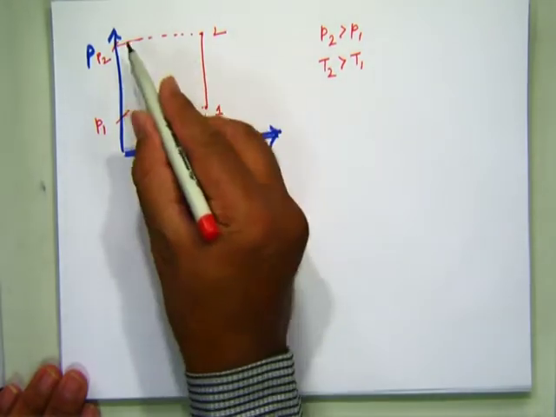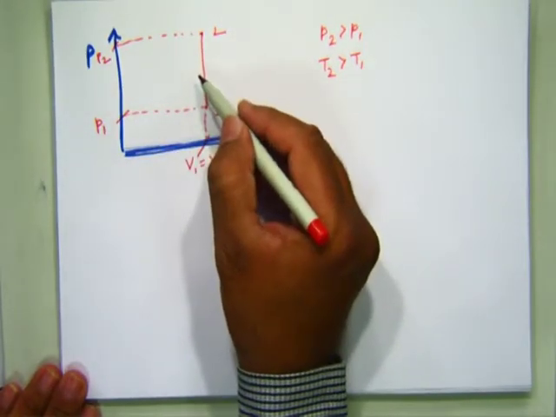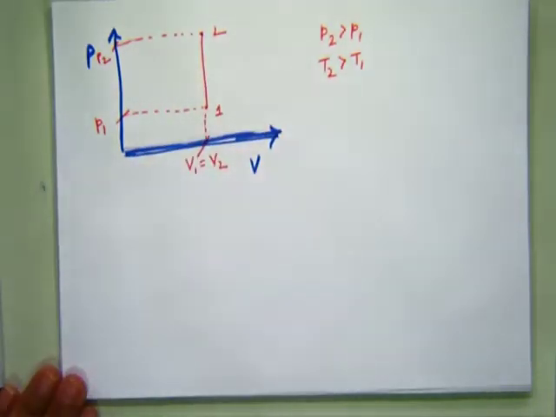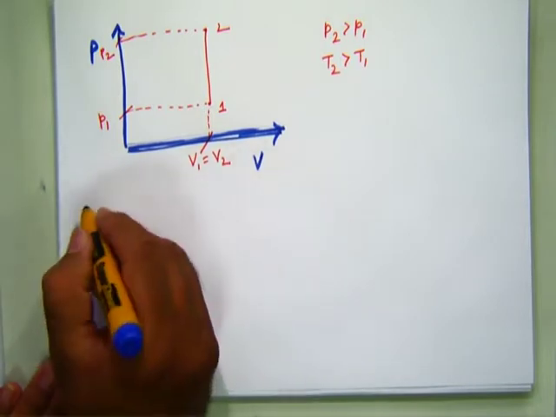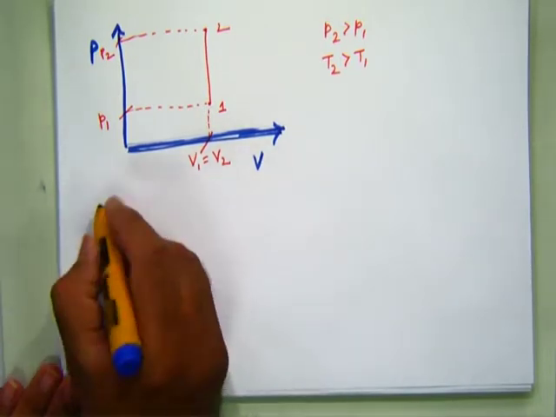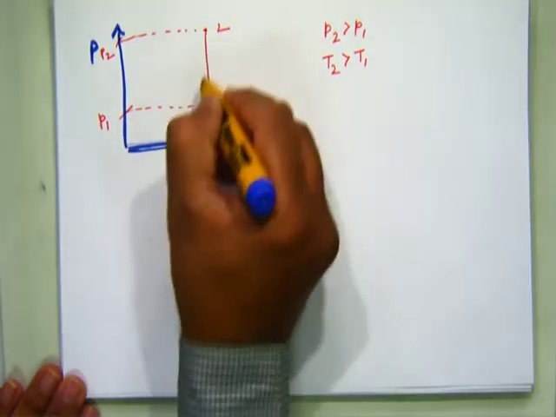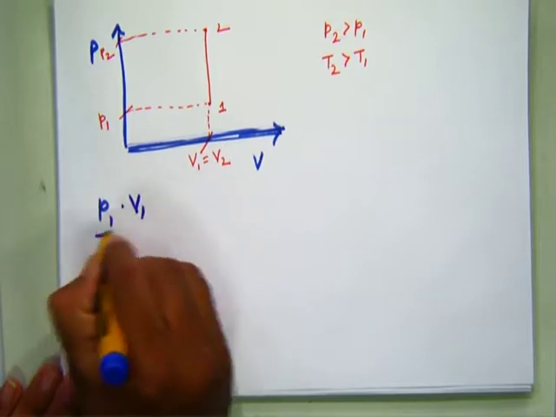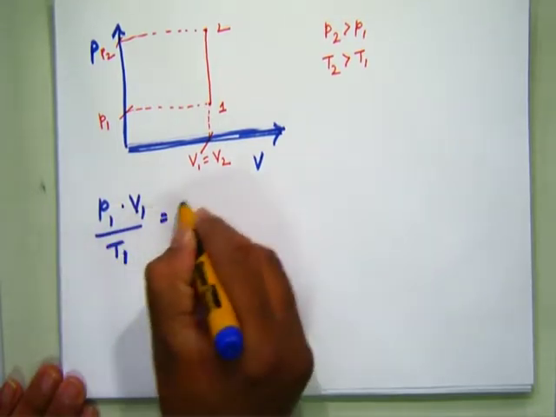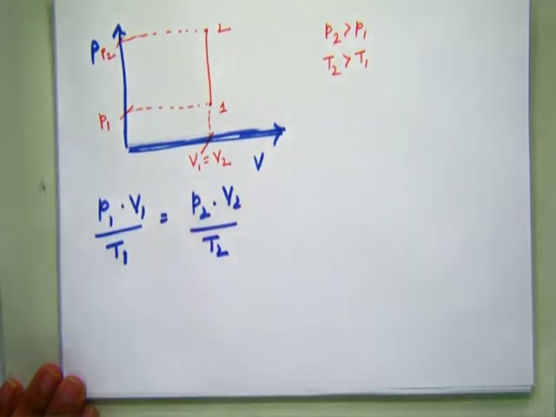This is the case applicable when this kind of constant volume process happens. Now, first is the relationship between P, V and T. We know that for points 1 and 2, you can write P1 V1 upon T1 is equal to P2 V2 upon T2.